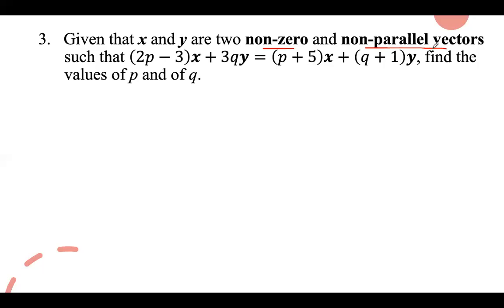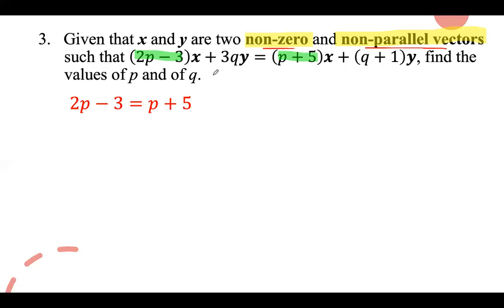So if there are two non-parallel vectors, therefore 2p minus 3 equals p plus 5. So actually it's 2p minus 3 minus p plus 5 equals 0, because you move this one to the left-hand side, vector x on the left, vector y on the right, and then H and K are equal to 0.